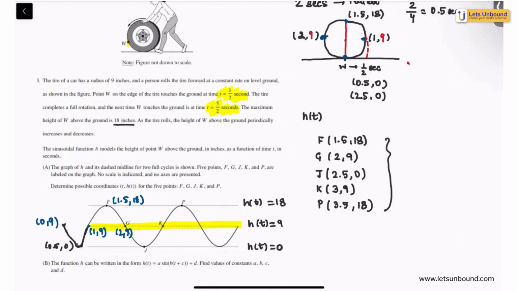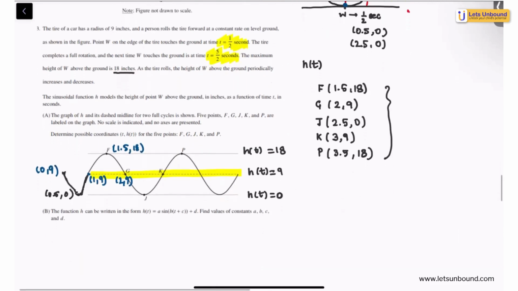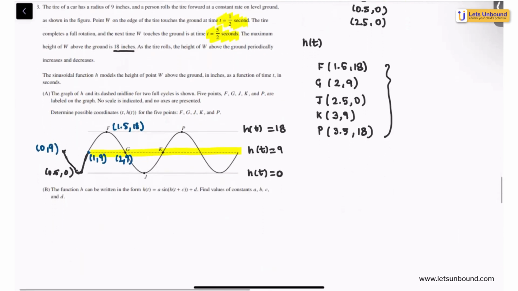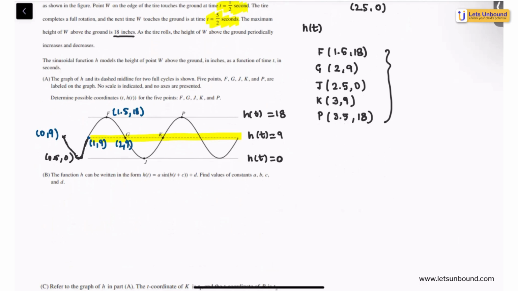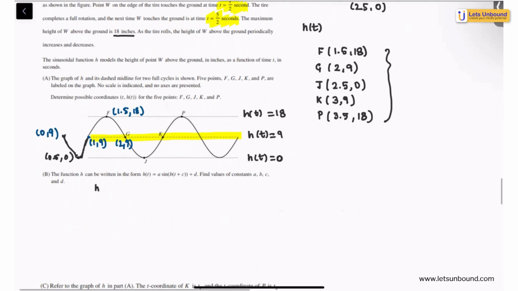That is what is most important. Now, the next part of the question says to use these coordinates and the information given to form a sinusoidal function. h(t) is a sine (bt plus c) plus d. So a times sine of (bt plus c) plus d.